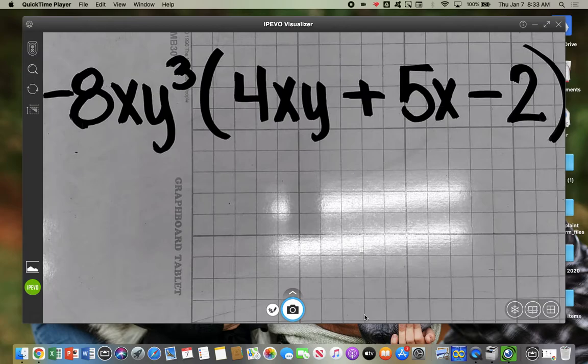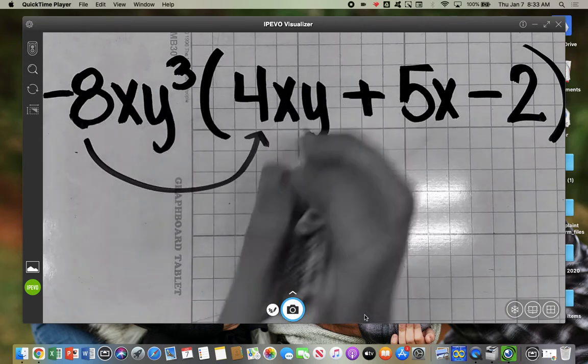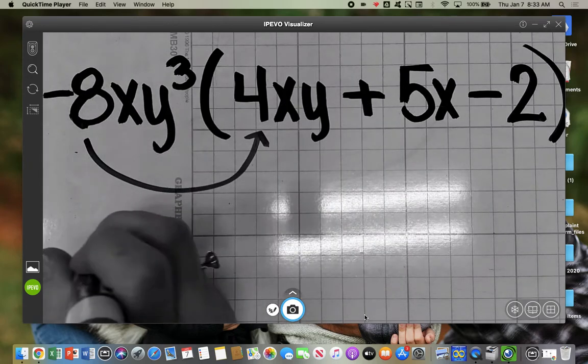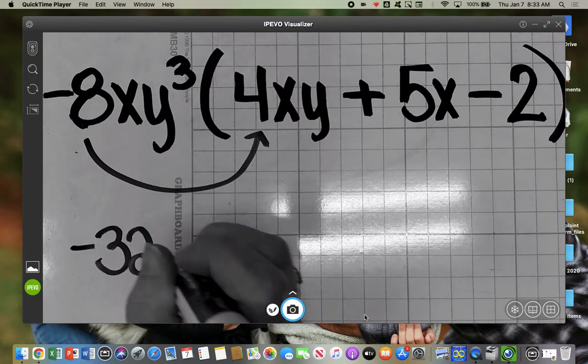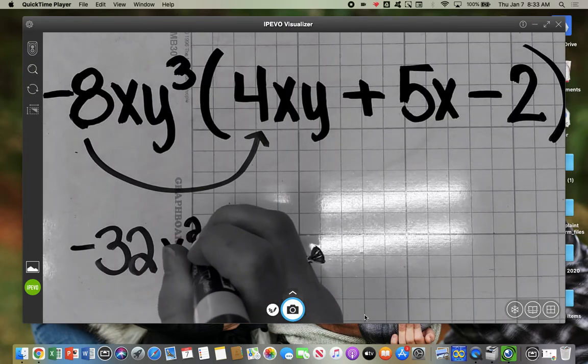So we're just going to apply the distributive property. For the first part, I have to take negative 8 times 4. What does that give me? Negative 32. Now, what's my power for x here? You guys agree with that? What about y?